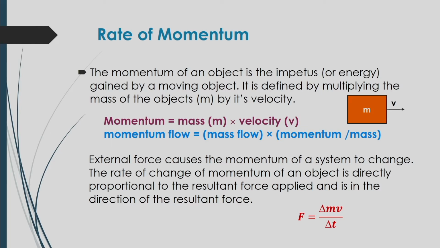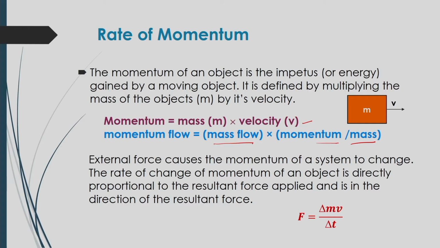Next, let us consider the momentum rate. The momentum of an object actually is the impetus, or you can say the energy that is gained by a moving object. It is defined by multiplying the mass of the object by its velocity. So, momentum will be defined as mass into velocity, and momentum flow will be basically mass flow into momentum per mass.